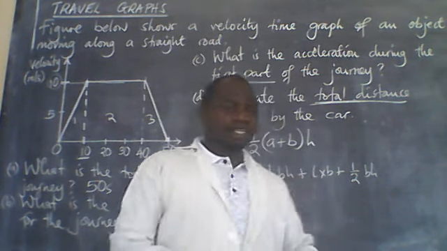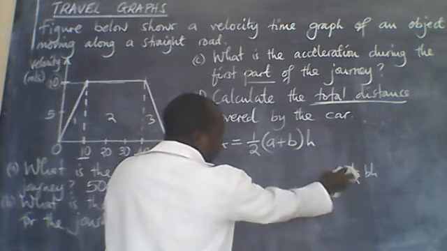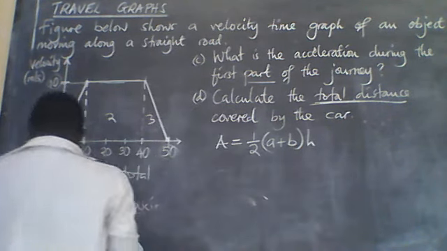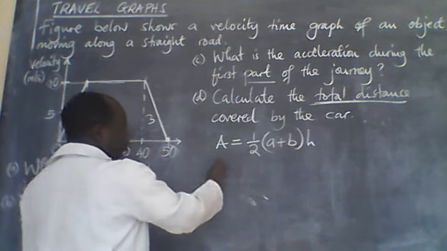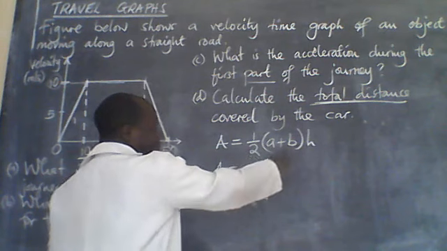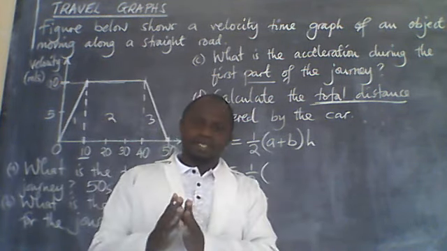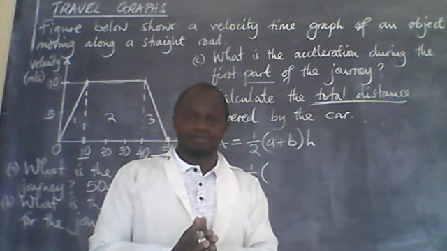So in this case, let's just go straight to the formula, the first one there. So we're going to say area is equal to half. What is my A and B? So in a trapezium, A and B are the 2 parallel lines or sides.